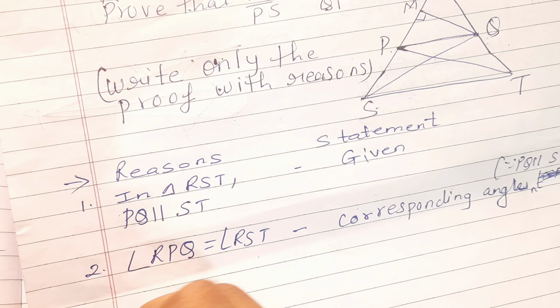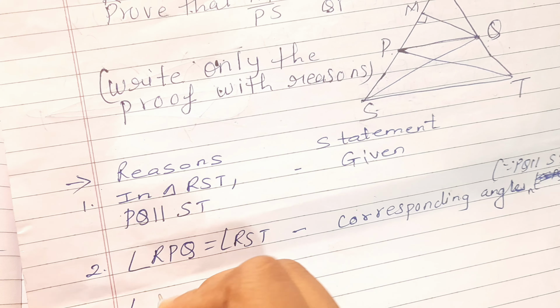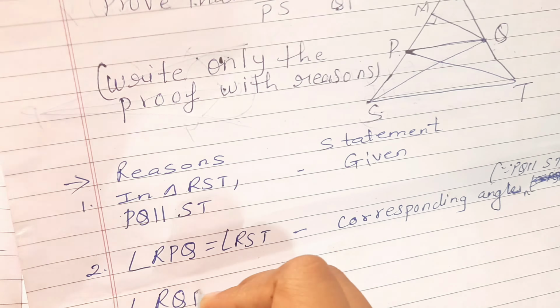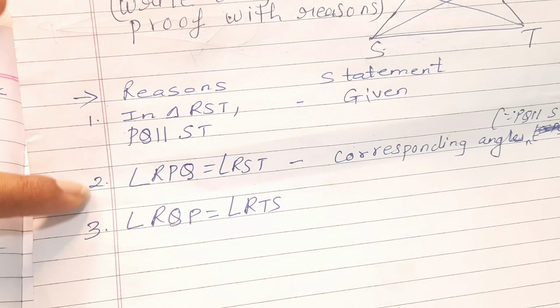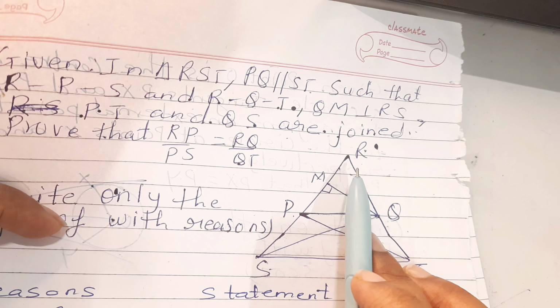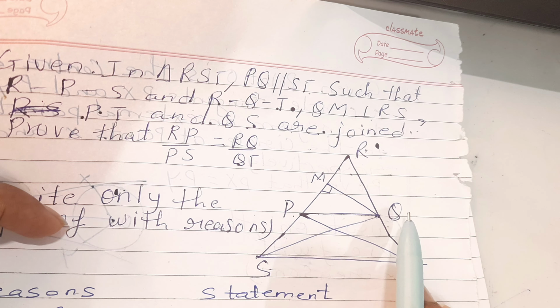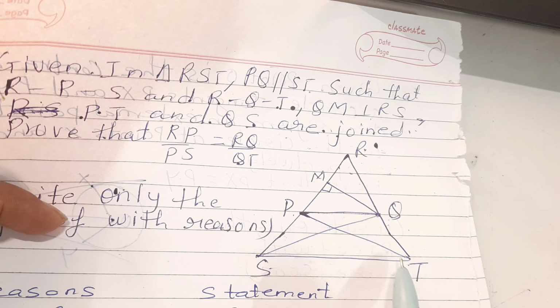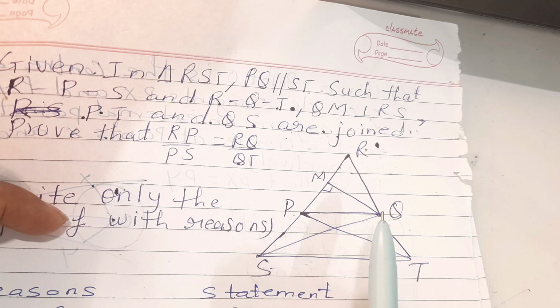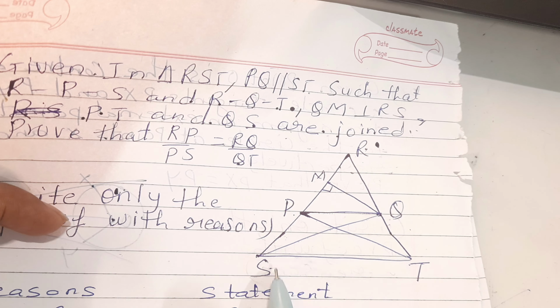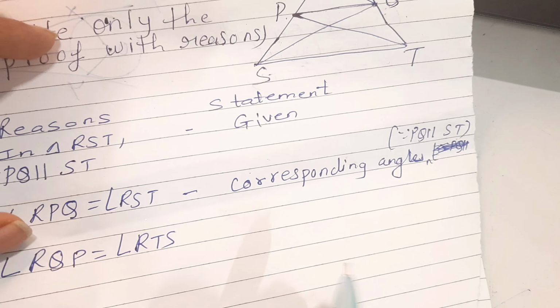Let me give you all the third reason. Angle RQP and RTS means here also same thing, corresponding angle, and PQ is parallel to ST, same reason.